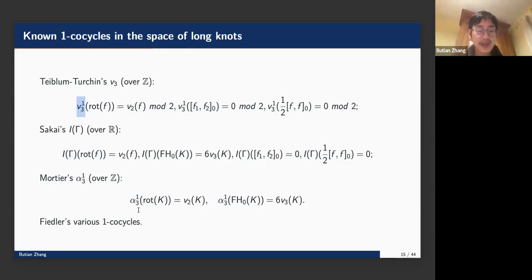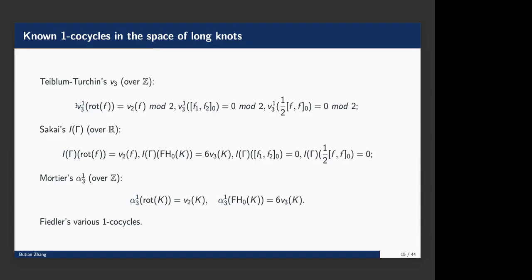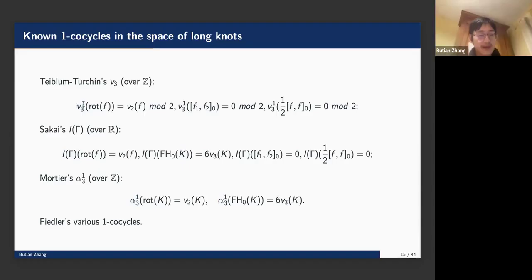He has shown that alpha 31 mod 2 equals V31 mod 2 on all the loops. Yes, I forgot to mention this. This was a work of Mortier. But we don't know whether over Z they are the same. This is something that we don't know yet.